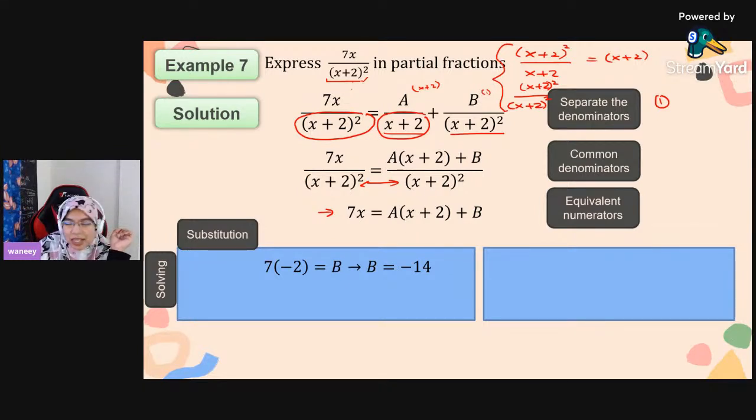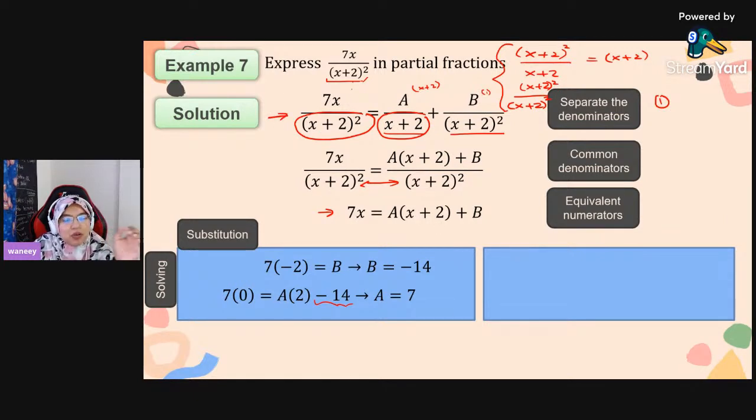I choose x equal to 0. So I will have 7 times 0 equal to A times 2 plus B. With -14 over here, that means A is definitely equal to 7. So from here, I know the value of A and the value of B, and I can go back and substitute them.